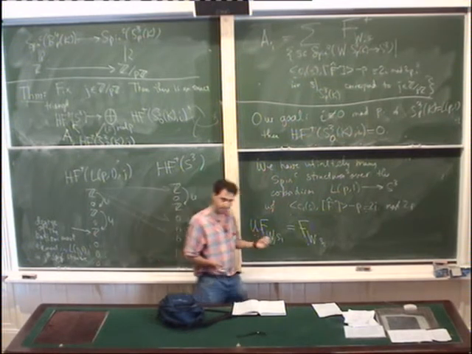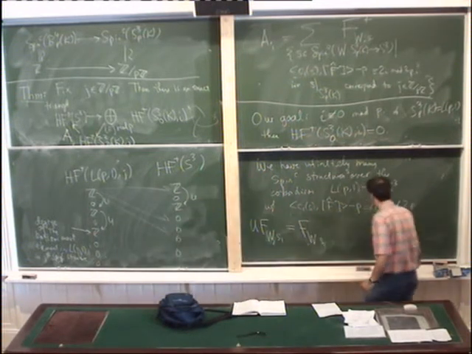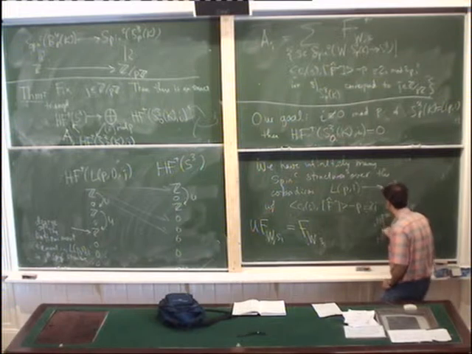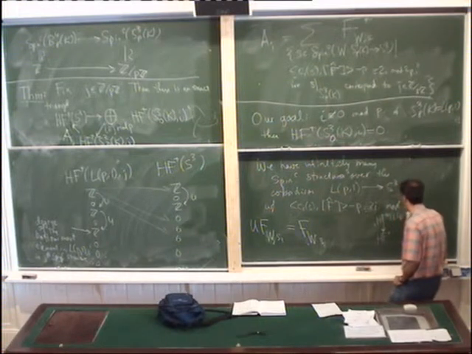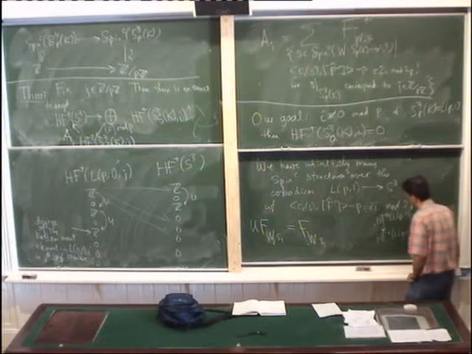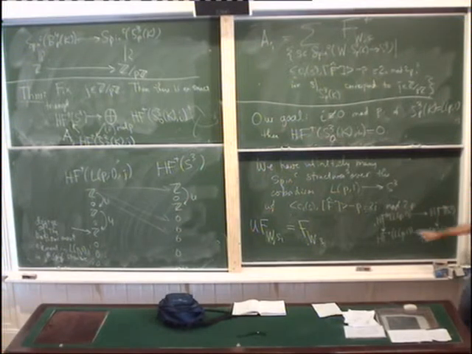The reason is that the map from HF infinity down to HF plus on a lens space is surjective, and similarly for S3.